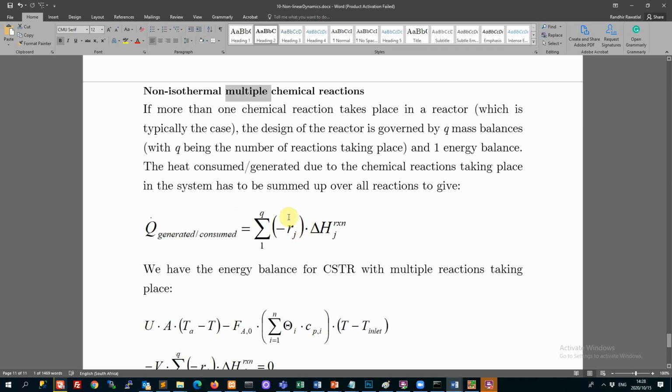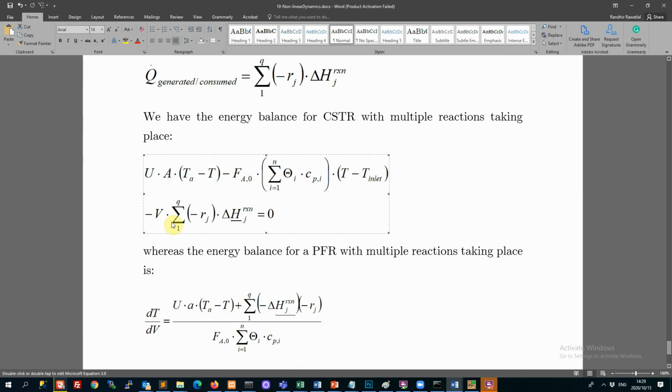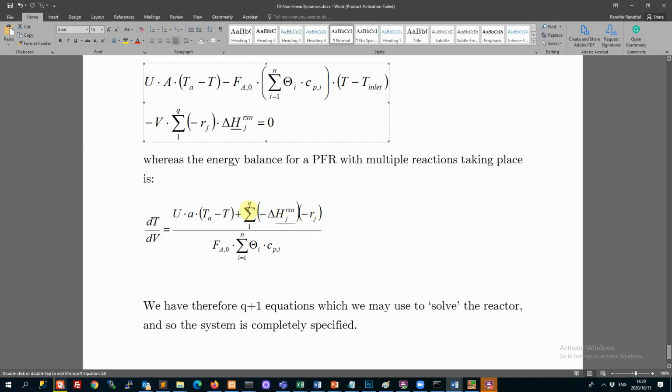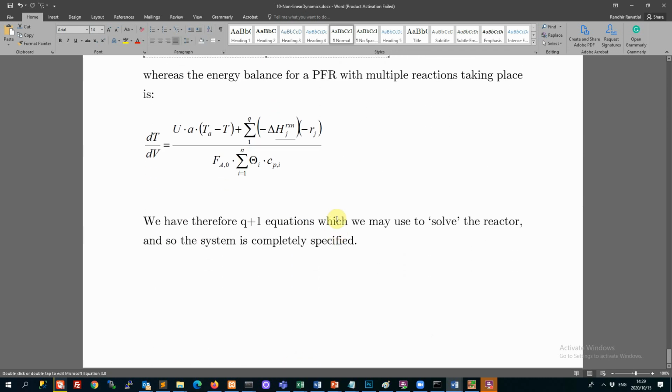If we are looking at a particular component, it's just a matter of adding up the contributions from each of the reactions. If we are talking about the energy, you just have to multiply the heat of reaction of each reaction by the reaction rate of each reaction. Our energy balance then will be a sum over all reaction contributions rather than a single multiplication here. That's just a small correction that we have to apply to account for multiple reactions.